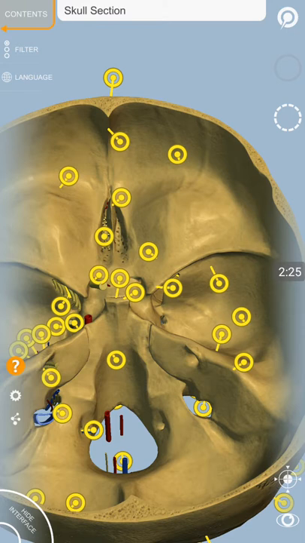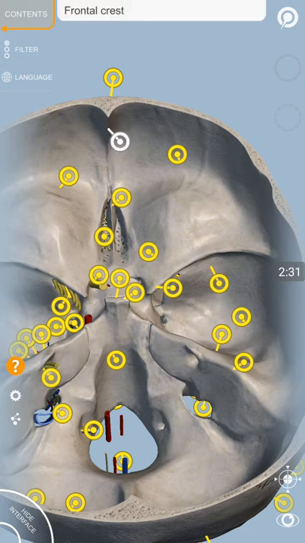So anteriorly in the midline, here you can see this is the frontal crest, internal frontal crest. You can see it on the top of the screen in the labeling as well. So this is the internal frontal crest. Posteriorly in the midline, in the center, you have this crista galli.